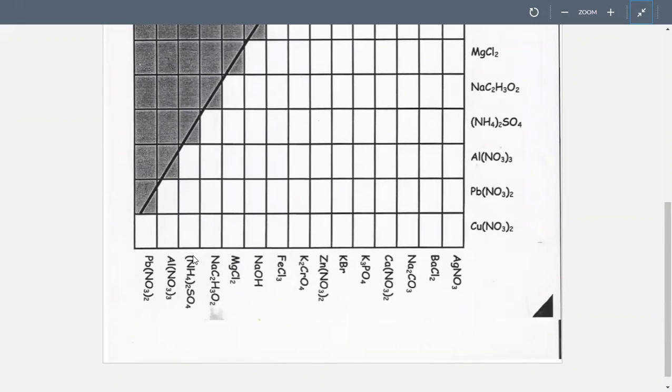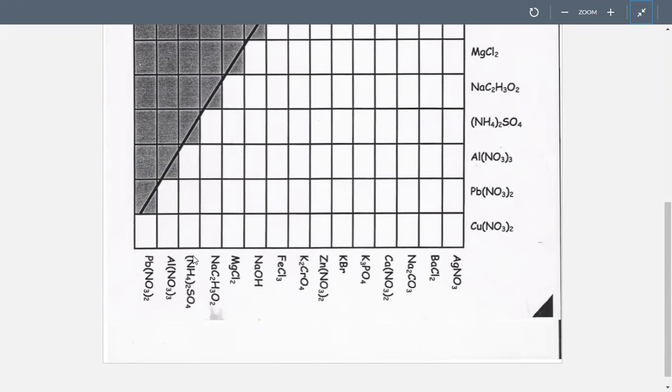So on this screen, and we'll do it tomorrow, you're going to make every combination in the white squares. It takes some time, but you add a drop of silver nitrate in every one of these boxes. Easy enough. And BaCl2 and Na2CO3, and then you'll add this across.